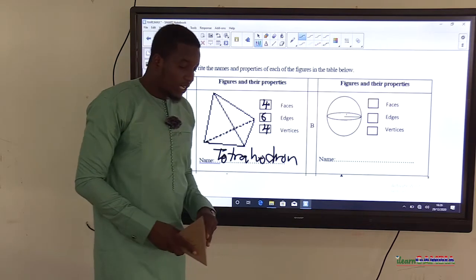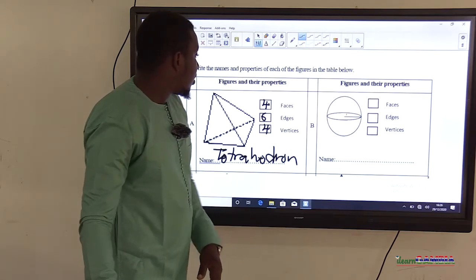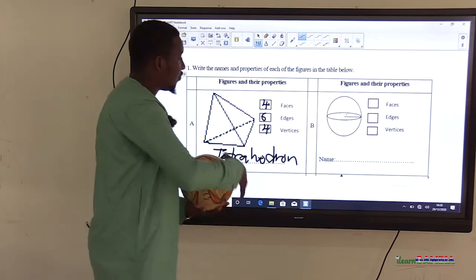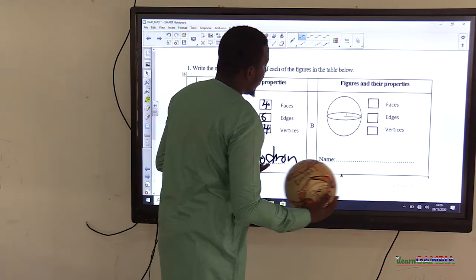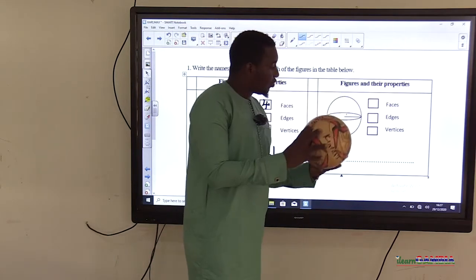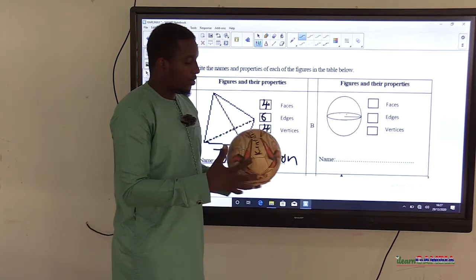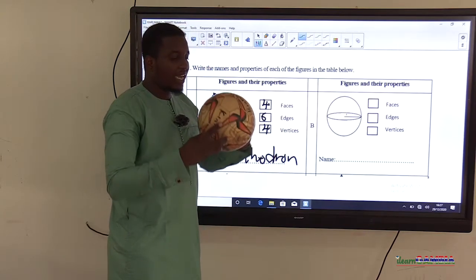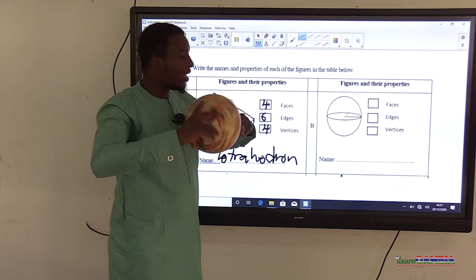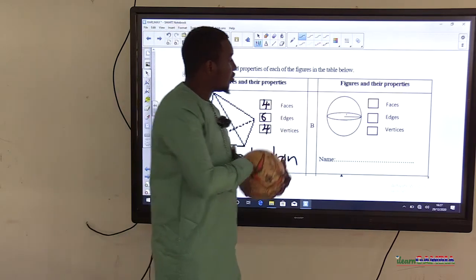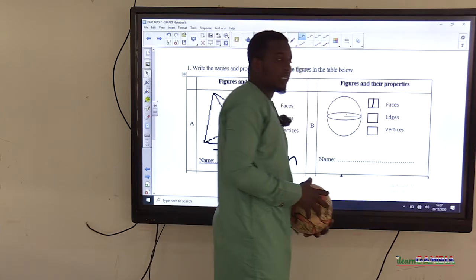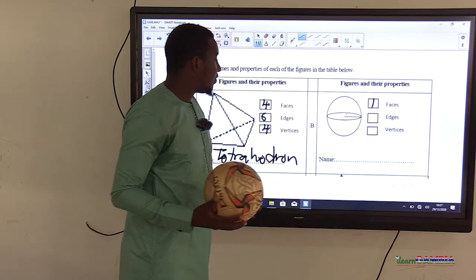From there we move to the second one. The second one has a round surface. Let's ask how many faces it has. Well, it doesn't have a face, but it has a curved surface, just one curved surface.